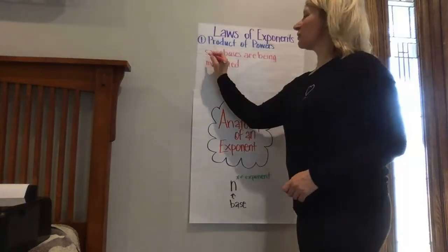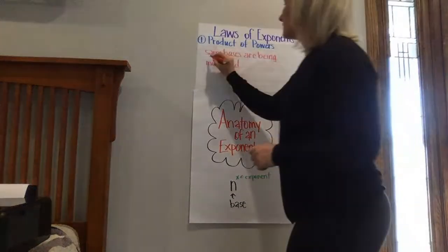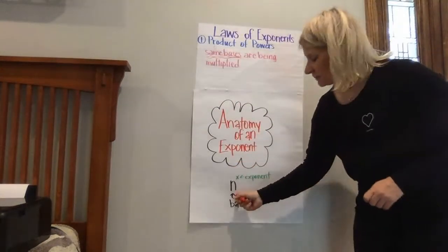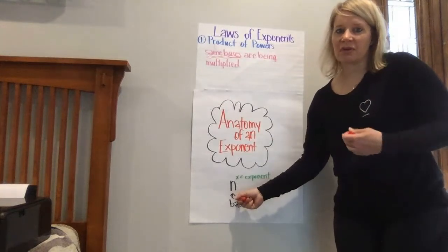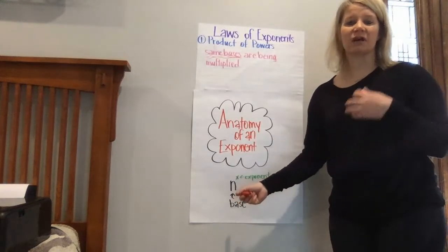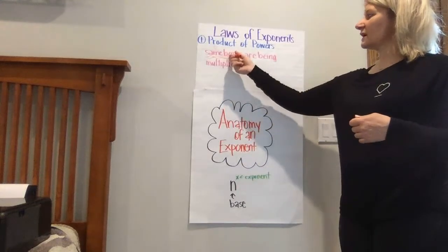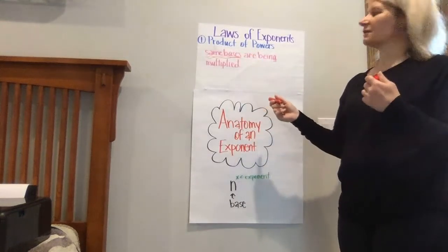The important thing to remember here is same bases. This is the important part of this. Remember, the base is the large number. They have to be the same. They both have to be 2 or they both have to be x. I'll do some examples in just a minute. But the same bases are being multiplied. I'll show you a problem and that'll make more sense.